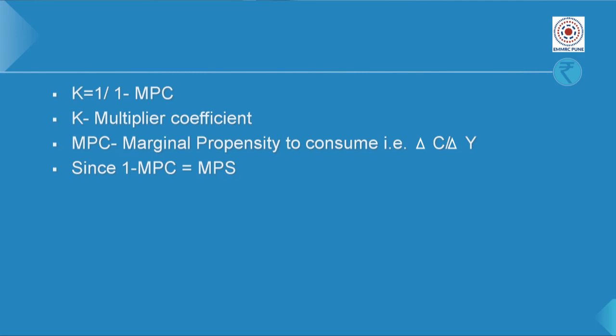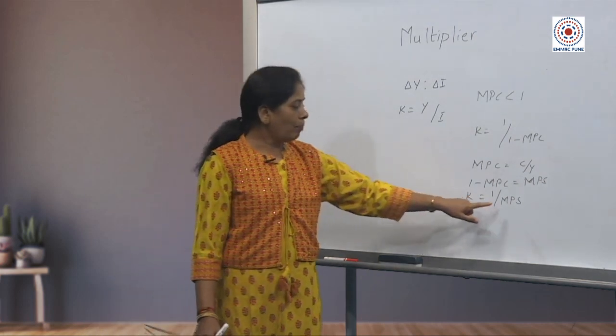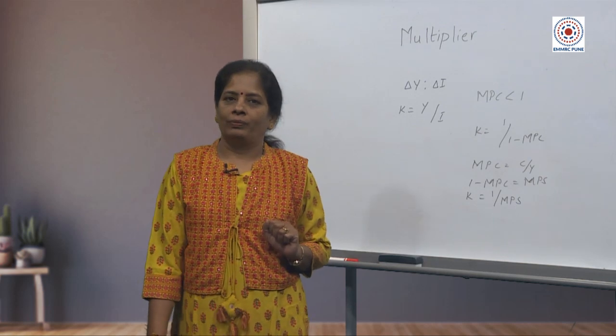Hence, 1 minus MPC is MPS. We can say, so K is equal to 1 upon MPS. Here MPS stands for marginal propensity to save.